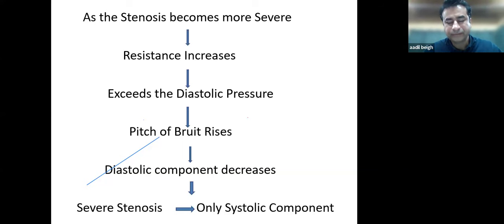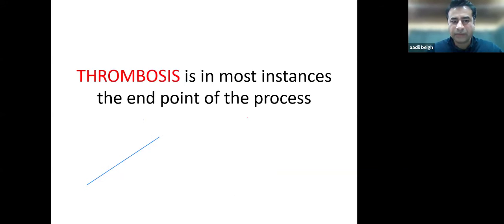There is no thrill. When the resistance goes beyond 140, there is no blood going from the anastomosis through the stenotic site. So there is a stasis of blood in that segment, and there is a formation of thrombus. This is how thrombosis actually forms in the access.